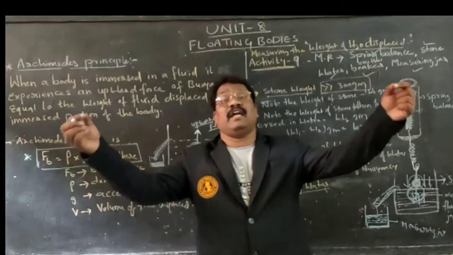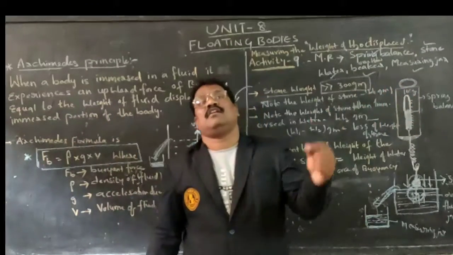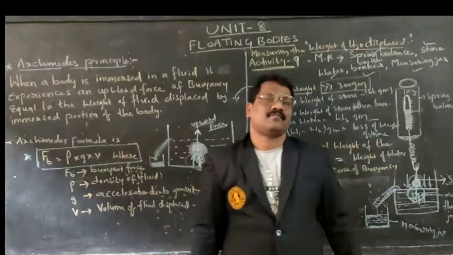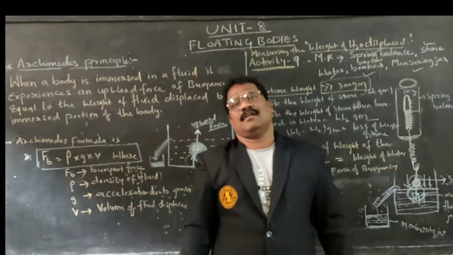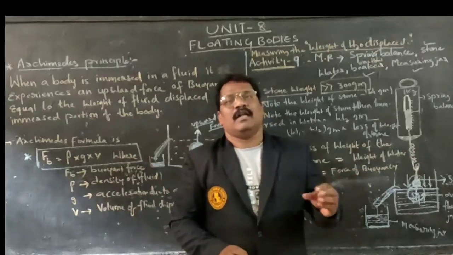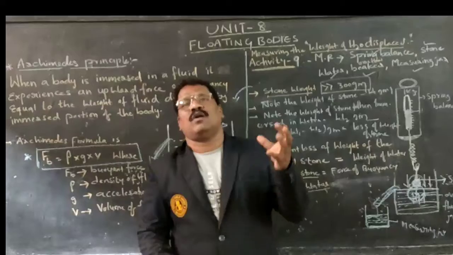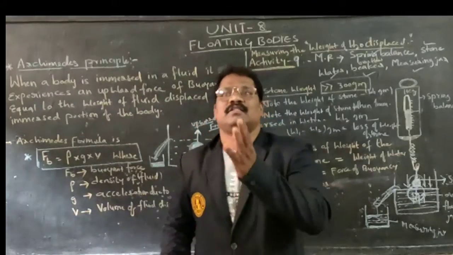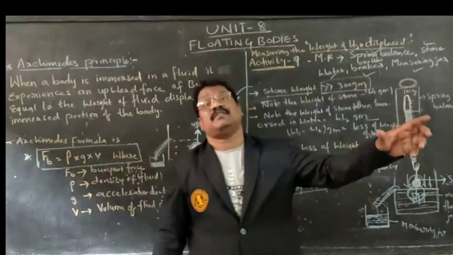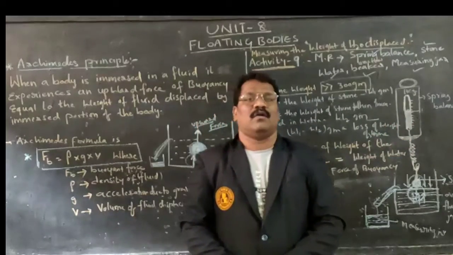Then he identified clearly that the density of gold is much greater than the density of water. In that way, he showed clearly that the same amount of gold the king had given was not utilized in preparing the crown.